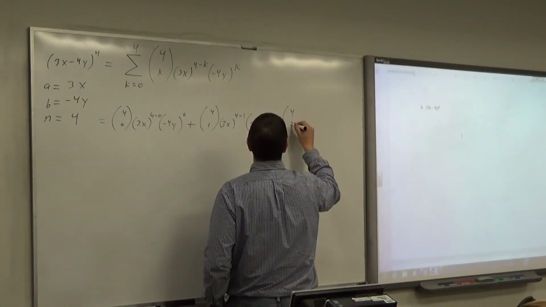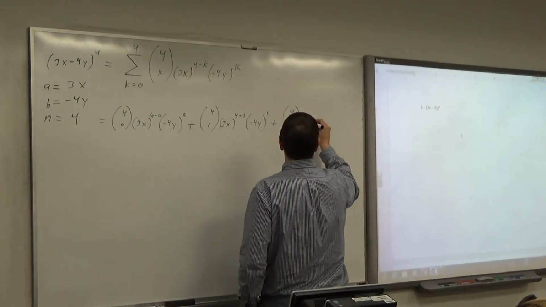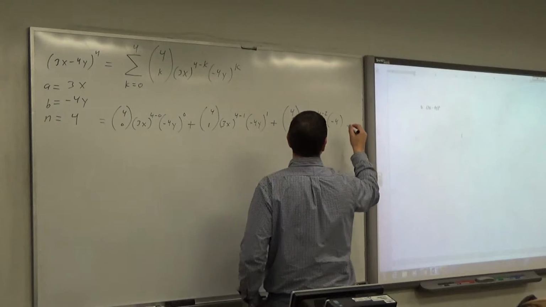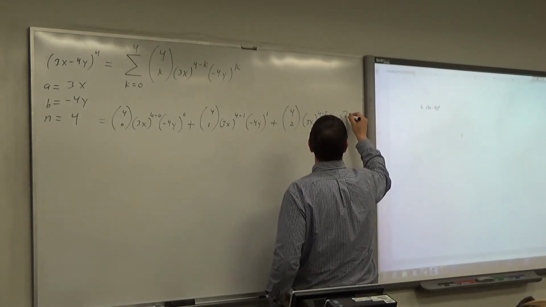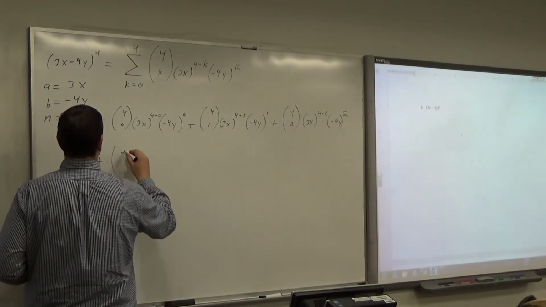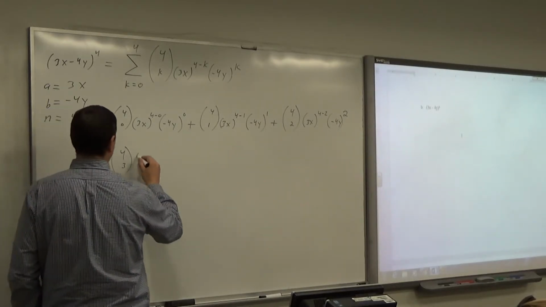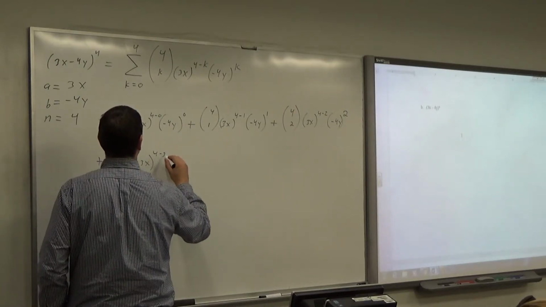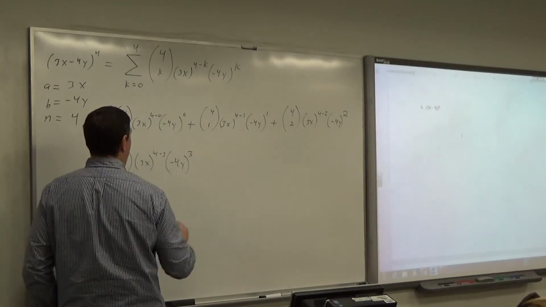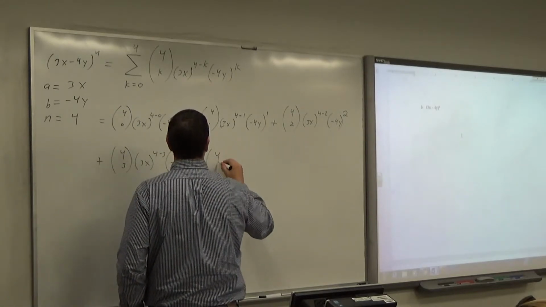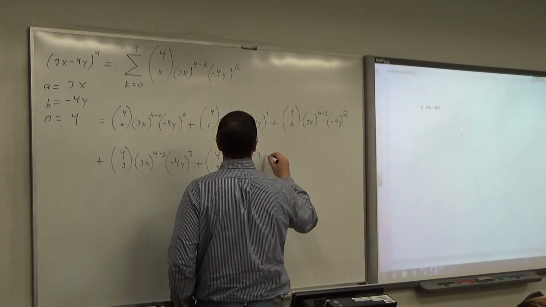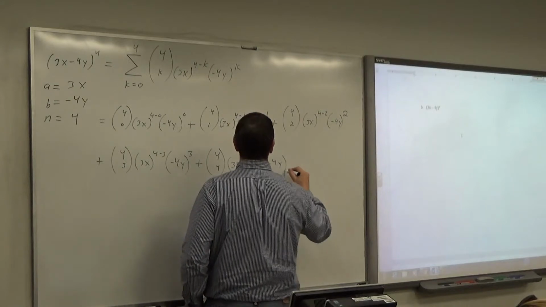We have 4 choose 2, 3x to the 4 minus 2, negative 4y to the second power. 4 choose 3, 3x to the 4 minus 3, negative 4y to the third. And then finally, 4 choose 4, 3x to the 4 minus 4, and then negative 4y to the 4th.